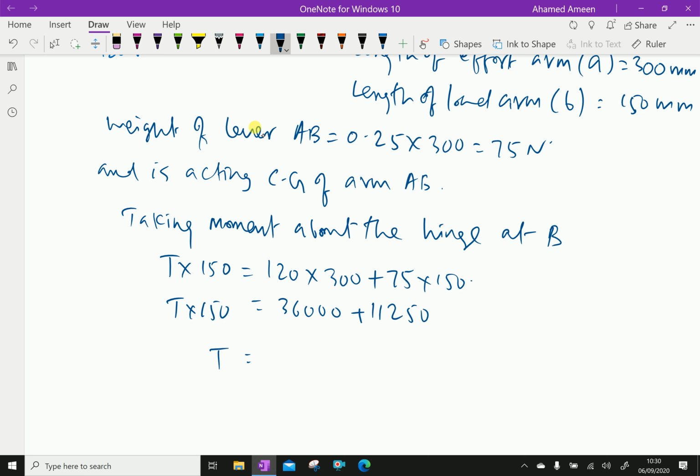Therefore, T equals 36,000 plus 11,250 divided by 150. Tension in the spring is 315 Newton.